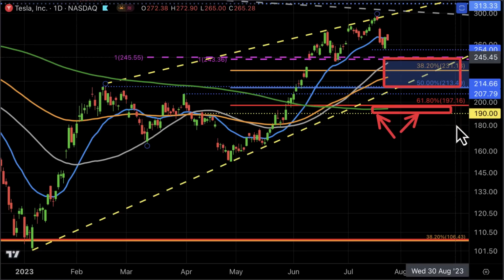The pullback retracement has to stay above 190 support for me to maintain that longer-term bullish perspective, because a sustained break of 190 would make me quite bearish. I don't want to see that, and I don't think it's likely, so I'm not expecting that. But provided Tesla remains above 190, 197, I'm going to maintain that bullish long-term perspective. Keeping it simple as that.